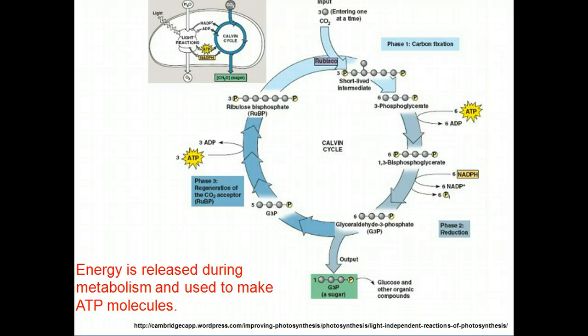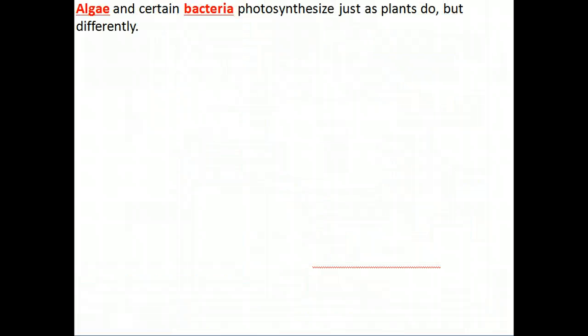Okay, so let's bring this back to microorganisms. As I mentioned in the opening slide, it's not just plants, but also algae and certain bacteria that can undergo photosynthesis. These bacteria are typically the cyanobacteria. Okay, so I have algae and bacteria here. We're going to focus first on algae.